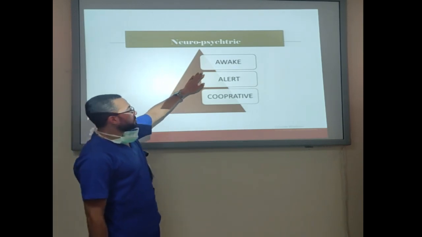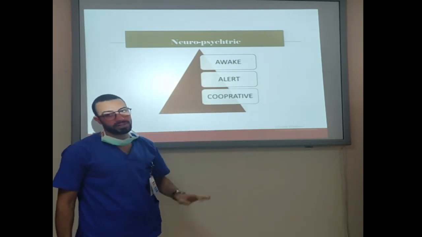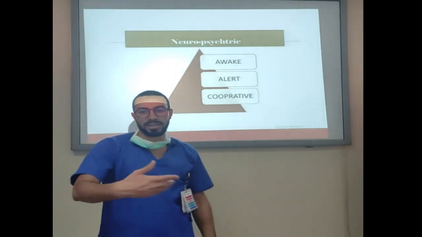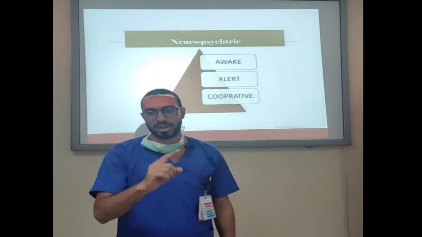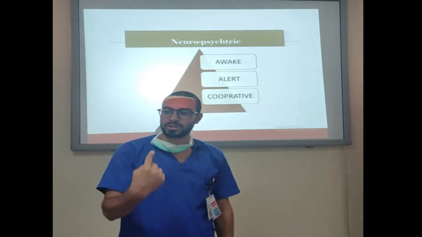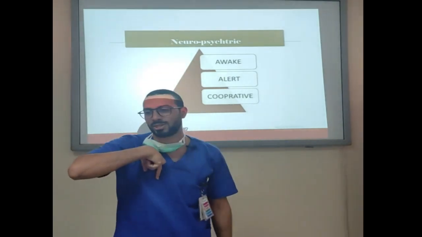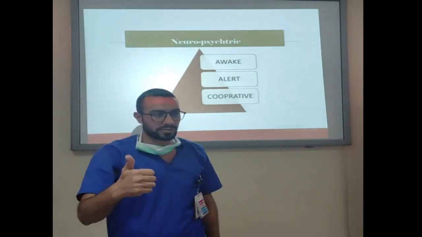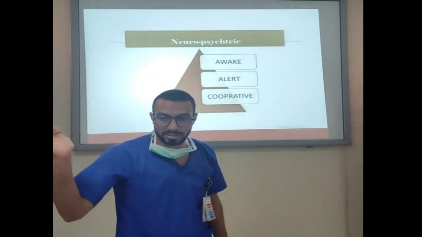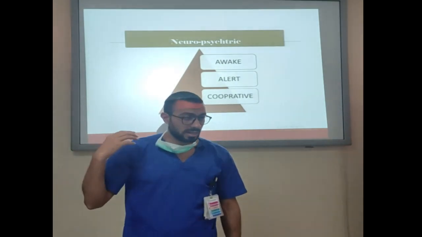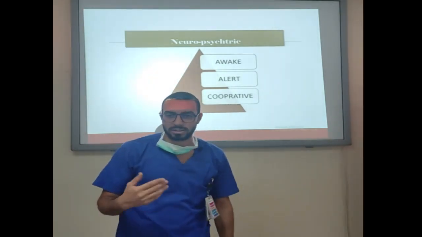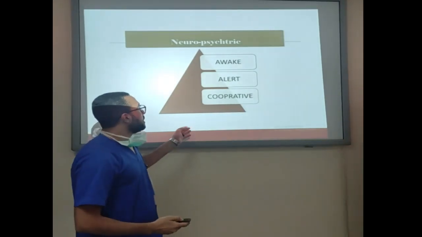Neuropsychiatric: the patient should be awake, alert, and cooperative. This is very important, because you will tell the patient, please breathe, please try to cough. If he has secretions, you don't have an endotracheal tube anymore. You will not go through the endotracheal tube to bring the secretions from inside. So he should have a cough reflex. He should be cooperative. You tell him, please cough, and you do back rubs or chest physiotherapy, CPT.